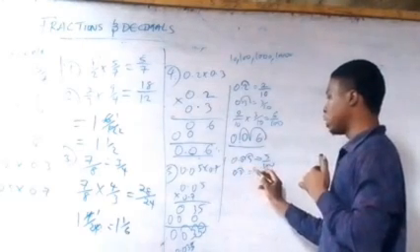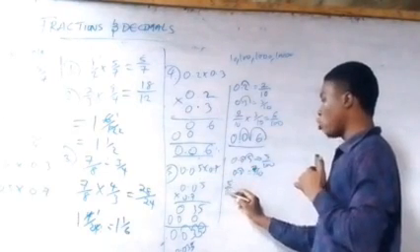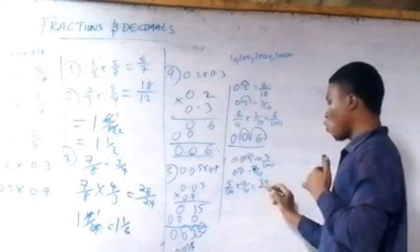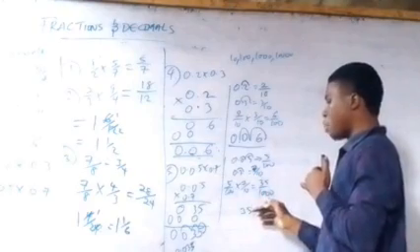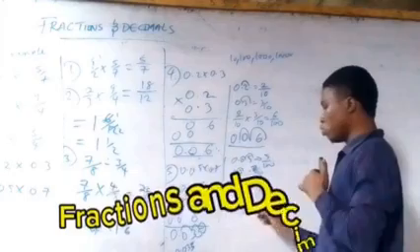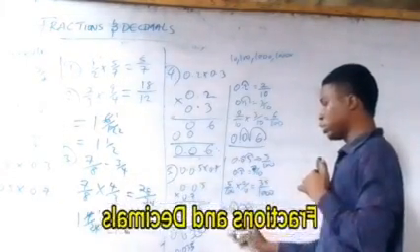You move 1. It becomes 7 over 10. So you say 5 over 100 times 7 over 10. We have 35 over 1000. Now bring your 35. How many zeros are here? 3. So we move 1, 2, 3. Put your point here.